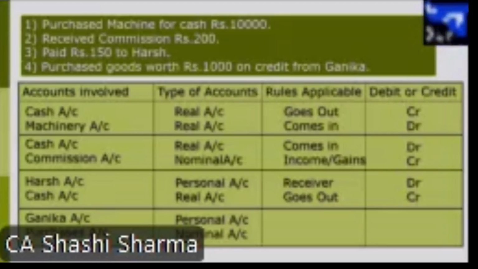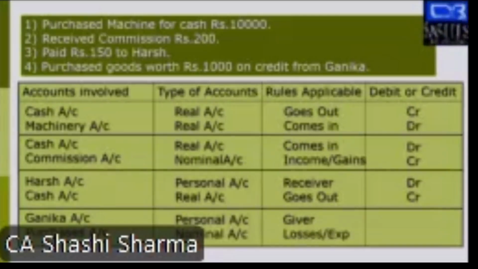So in this transaction, Ganika, being the giver, is selling us goods. So she is the giver. And purchase, which is a nominal account, is an expense for us. Giver is always credited. And purchase, being an expense, will be debited.